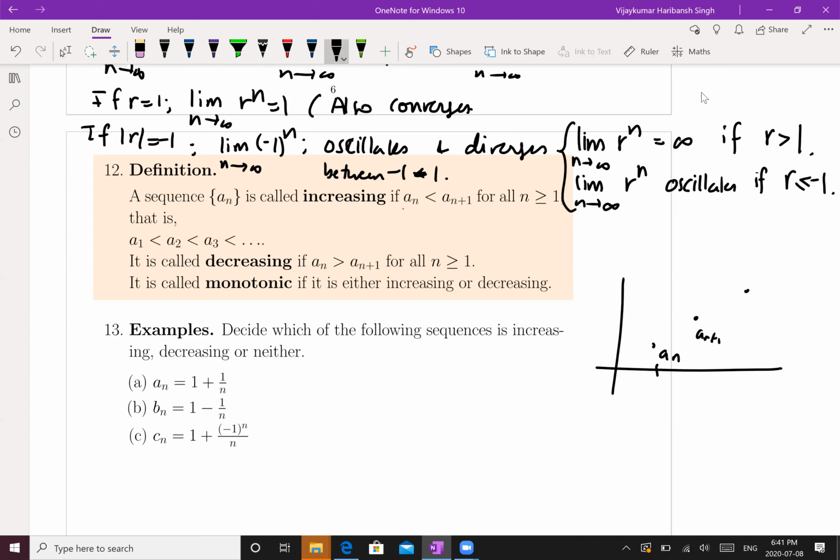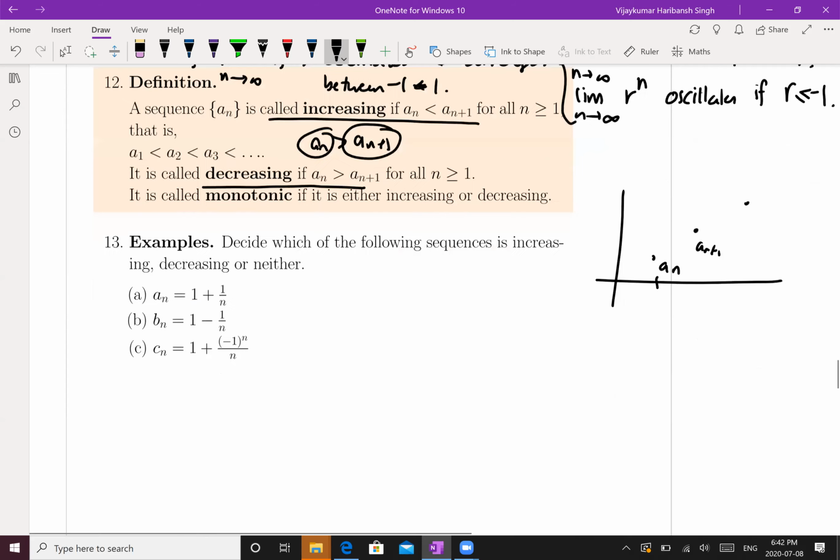Such a sequence is called an increasing sequence. Similarly, we can define a decreasing sequence. What happens in decreasing? a_n is greater than a_{n+1}. That means the next term of the sequence is smaller than the previous term. We call a sequence monotonic if it is either increasing or decreasing. It has only one behavior. Such sequences are called monotonic.